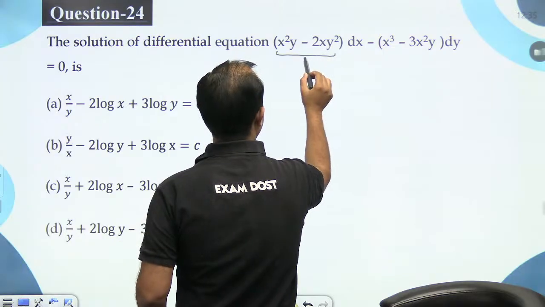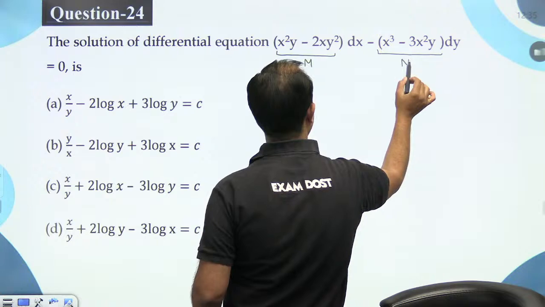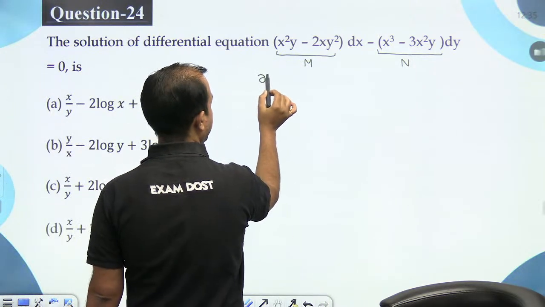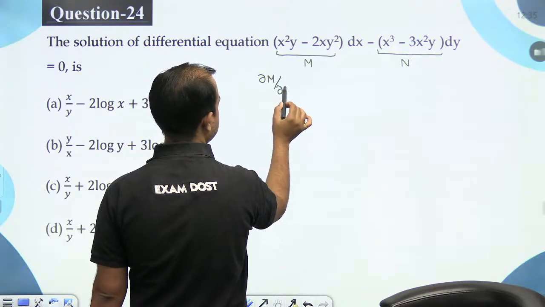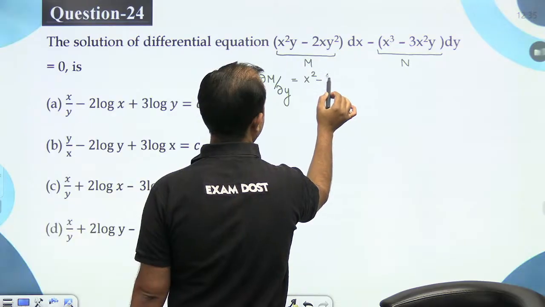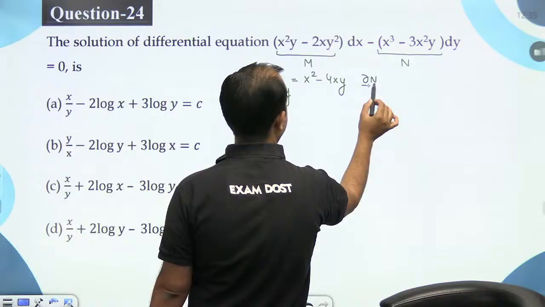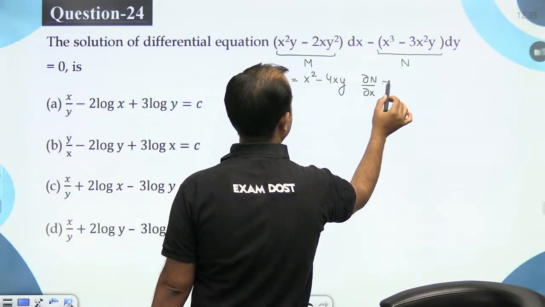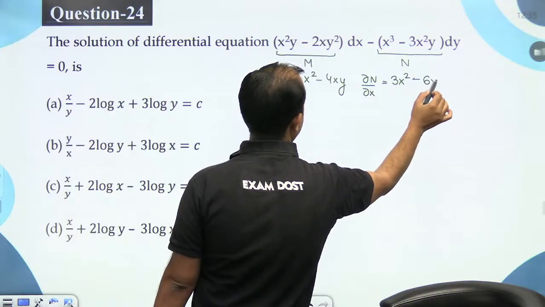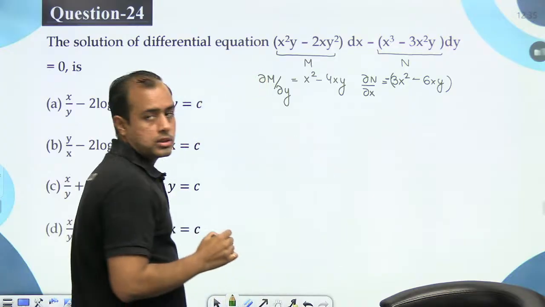So this function is M, this function is N. Now what is del M by del Y? X square minus 4xy. Del N by del X, 3x square minus 6xy. So both are not equal.